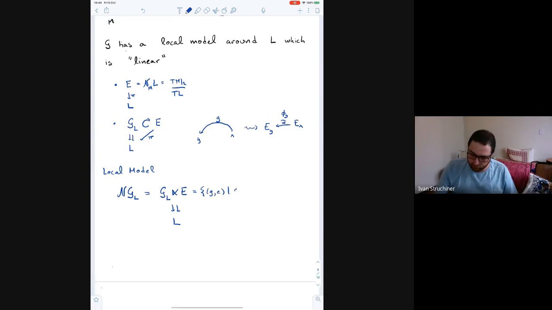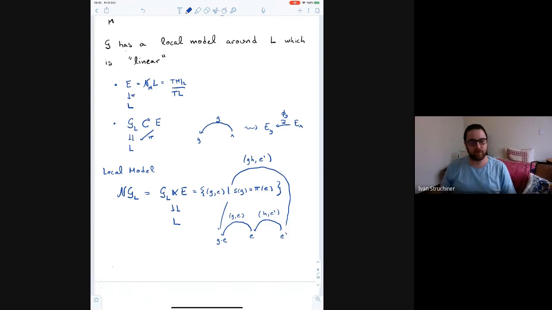So the source of g must be equal to the pi of e. And then if you have an arrow which is (g, e), it starts at e and finishes at g times e. Another arrow which starts at e prime, say, (h, e prime). Then you get an arrow which is just (gh, e prime). It has the same structure as an action groupoid.